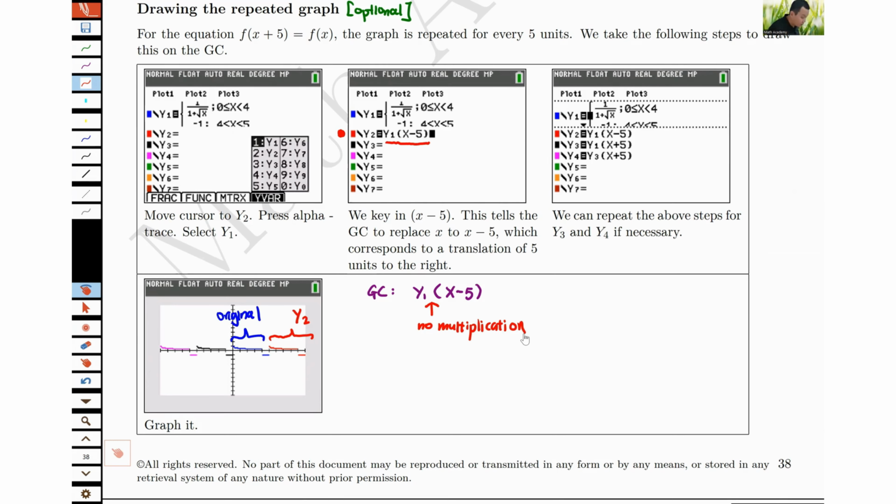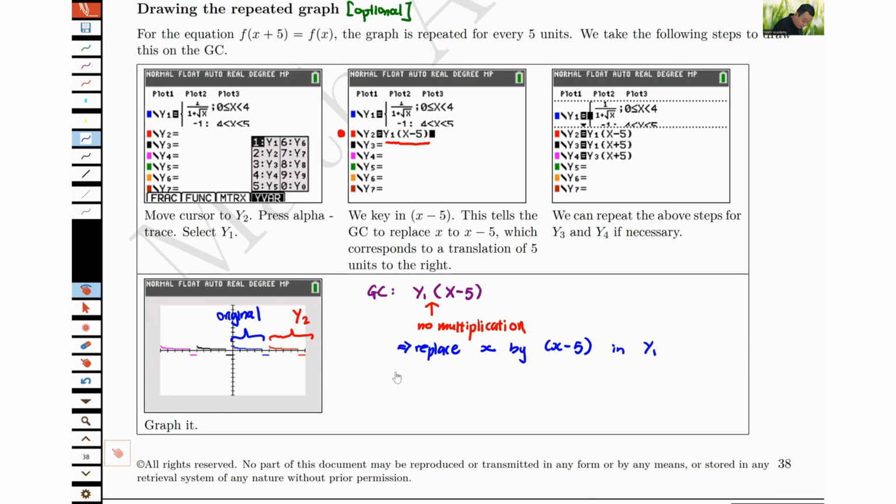So what happens on the graphing calculator is if you put a Y, yet you put a bracket, it is trying to imply you're trying to replace. I'm trying to replace x by x minus 5 equation in Y1. We are doing this replacement in my Y1.